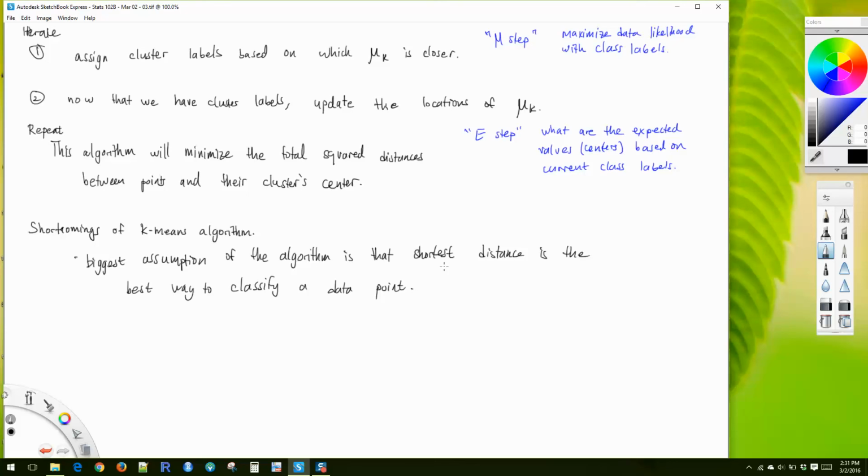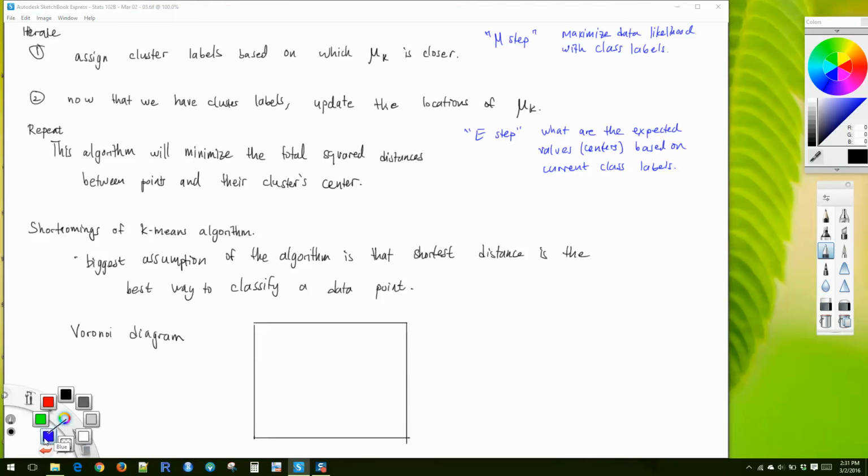Are you guys familiar with Voronoi diagrams? Okay, so a Voronoi diagram, basically, you've got some kind of space here, and given some centers, what it's going to do is it partitions your space so that everything in this zone is closer to this point, and everything in this zone is closer to that one.